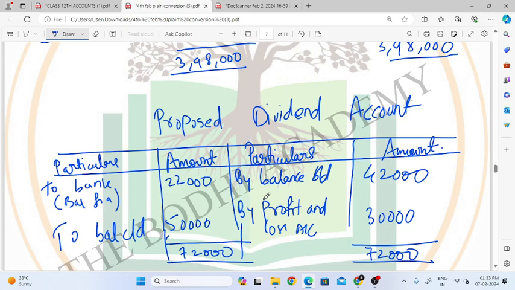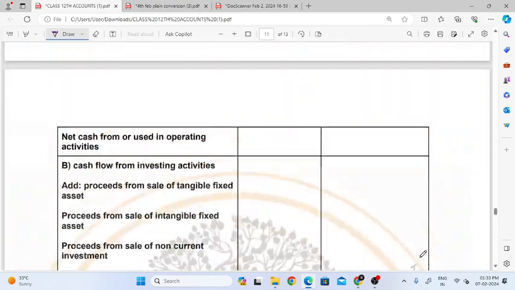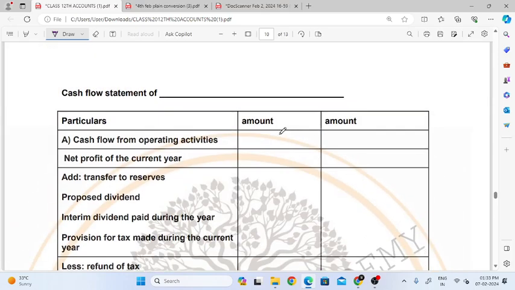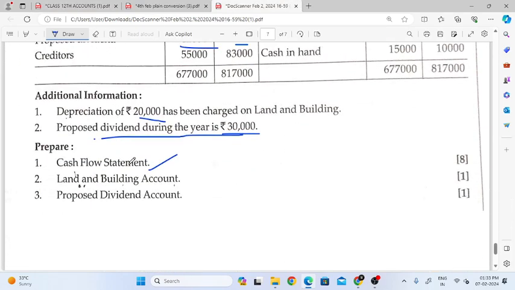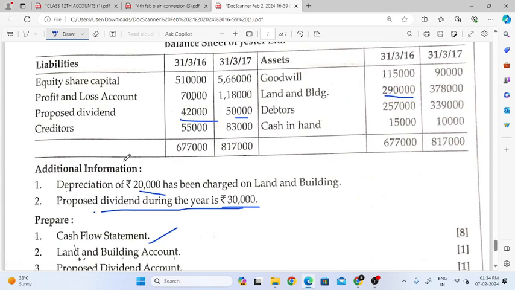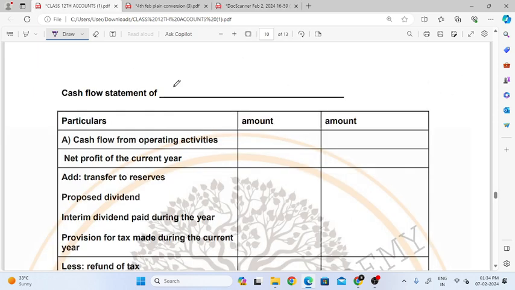Okay, now the cash flow statement of... okay, they have not given any name. Balance sheet of Chester Limited, but cash flow statement of Chester Limited for the year ending 31st March 2017.